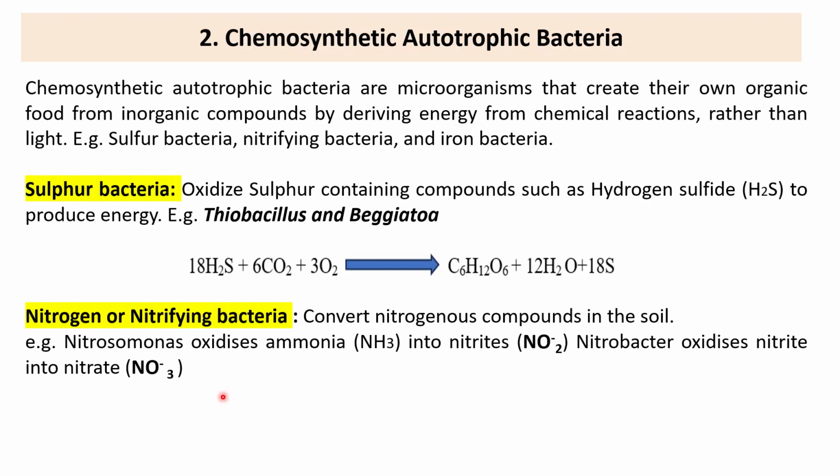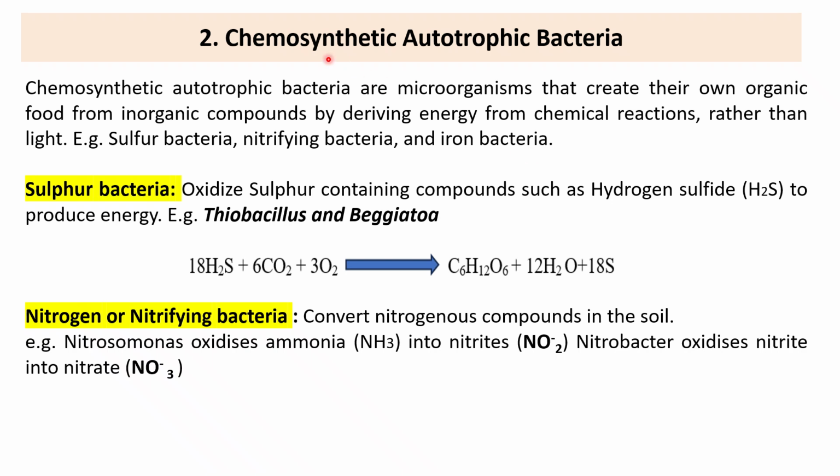In the previous slide, we studied photosynthetic autotrophic bacteria, that is, those which utilize light energy to synthesize their food. Now, the second type is chemosynthetic autotrophic bacteria, that is, the bacteria which utilize the energy derived from chemical reactions to obtain or synthesize their food, such as sulfur bacteria, nitrifying bacteria, and iron bacteria.